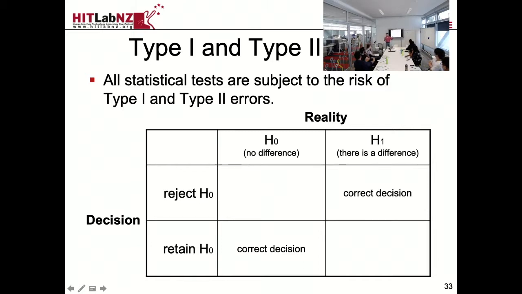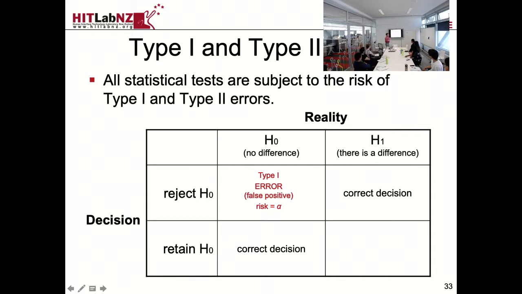But maybe the experiment did something the wrong way and their experiment design was not so good, so their result was that there's a difference. Then we call that a type 1 error, which means a false positive. We denote that as alpha, so sometimes we call this type of error a type 1 error or alpha error.